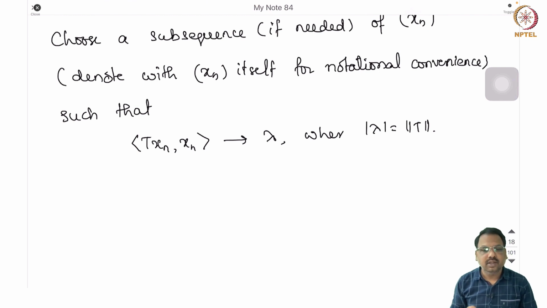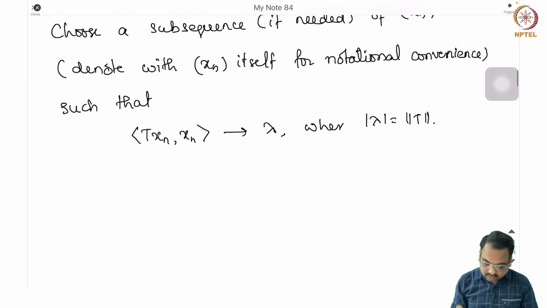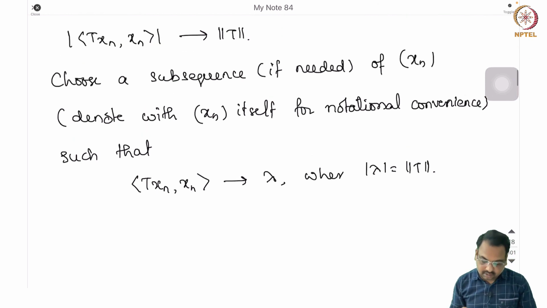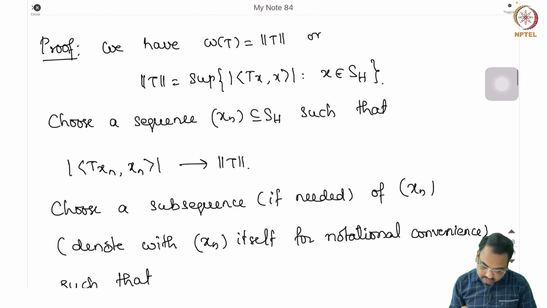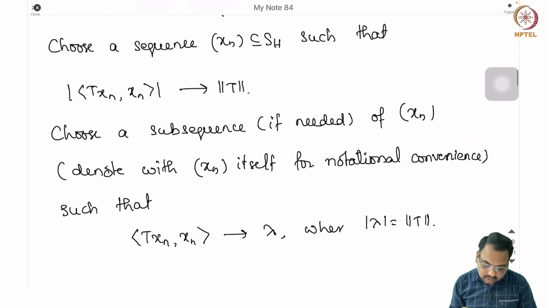We can use the polar decomposition and get a subsequence. Now we want to get a subsequence of xn and a vector x such that Tx equal to lambda x.